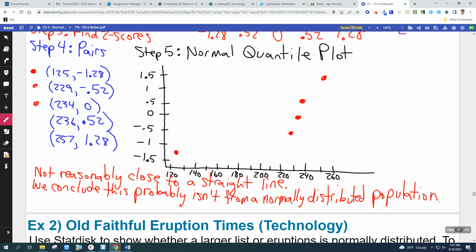This normal quantile plot is not reasonably close to a straight line. We conclude this probably isn't from a normally distributed population.